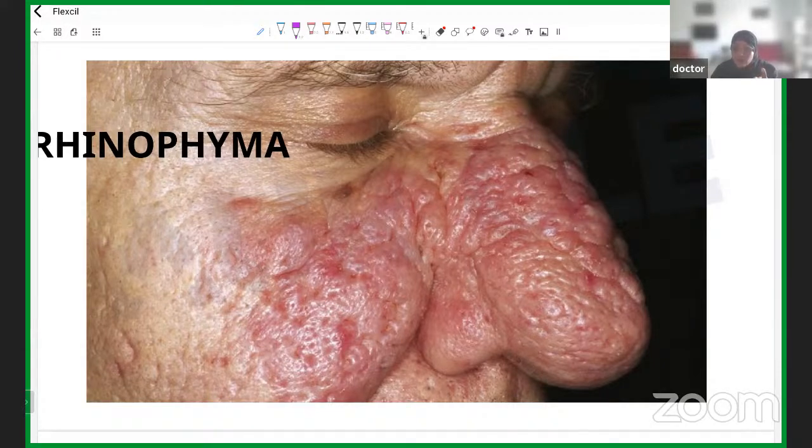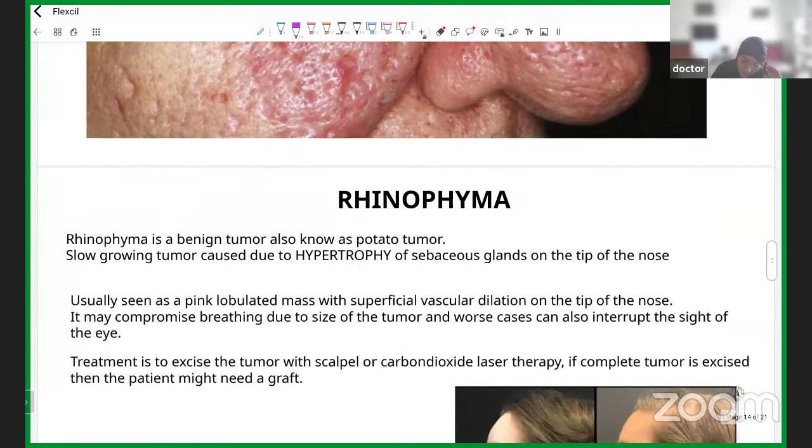So what is the definition of rhinophyma? It is hypertrophy of the sebaceous gland on the tip of the nose. Okay, here it is. It is a benign tumor, also known as a potato tumor. All right. Slow growing tumor caused due to hypertrophy of sebaceous glands. This is the definition of rhinophyma.